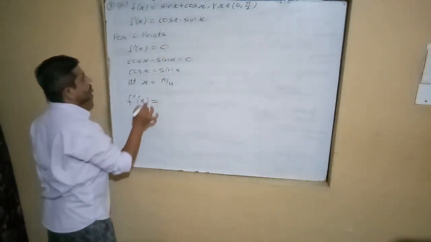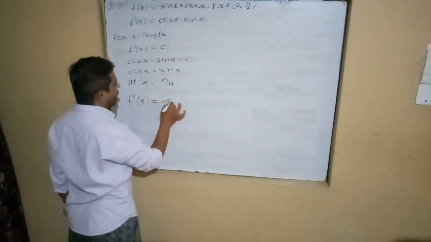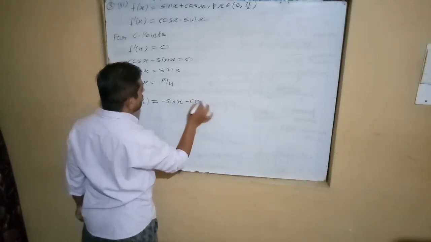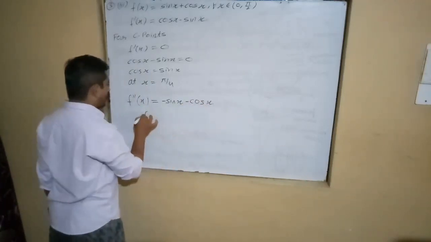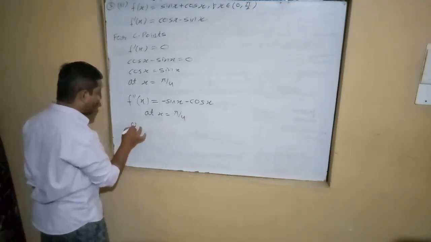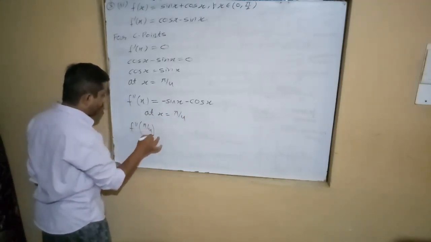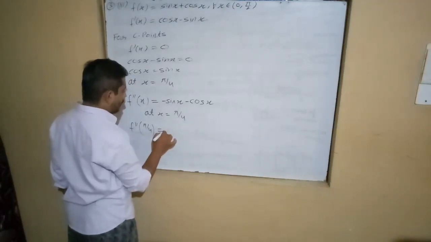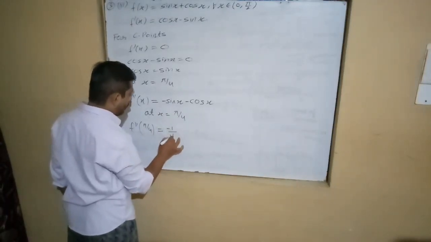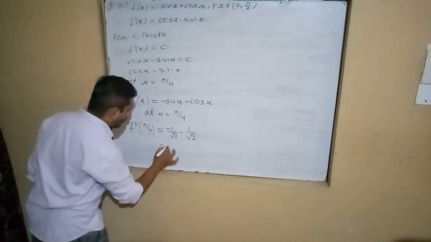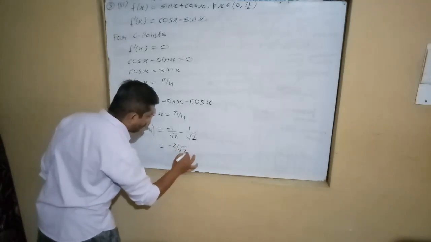f dash x is equal to what will come here? Minus sin x and minus cos x. Now at x is equal to pi by 4, f double dash pi by 4 is equal to, so what will come here if we directly put the value? Minus 1 by root 2 minus 1 by root 2, so minus 2 by root 2.